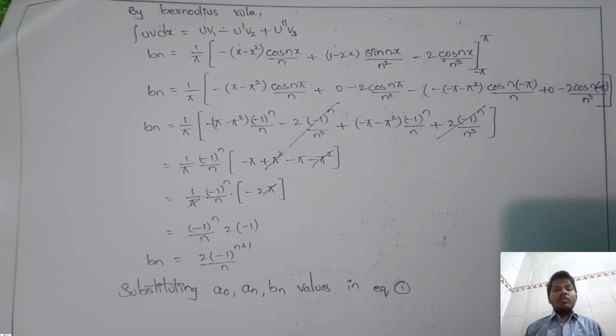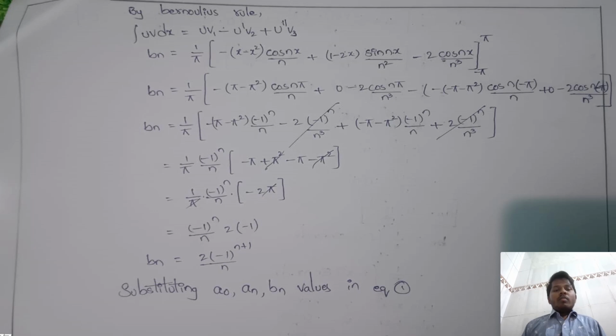So the bn value is 1 by pi into minus of pi minus pi square cos n pi by n plus 0 minus 2 cos n pi by n cube, minus of minus pi minus pi square cos n of minus pi by n plus 0 minus 2 cos n of minus pi by n cube.